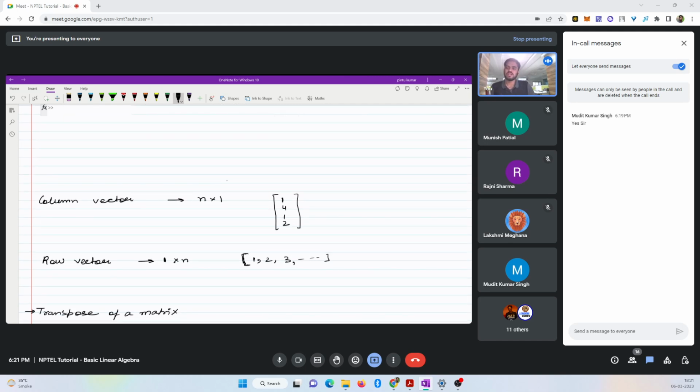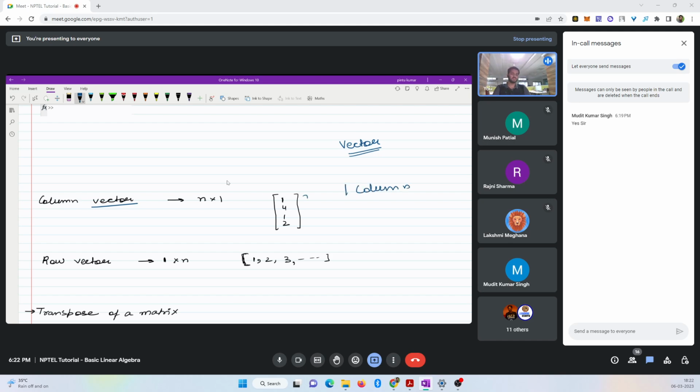Next thing is, what is a column vector? A vector you can say is a one-dimensional matrix. So this is a column vector. In a column vector, we have only one column.